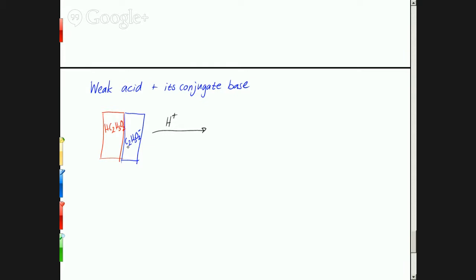So the H plus combines with this acetate and makes more acetic acid. So we end up with a little bit more acetic acid and the same amount of acetate that we started with.